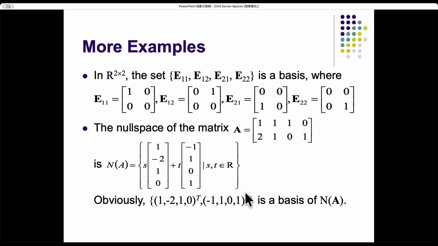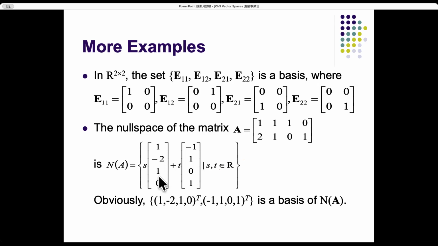And second, these two vectors are obviously linearly independent. Why? Just look at the last two elements. The last two elements of the first vector are 1, 0. The last two elements of the second vector are 0, 1.